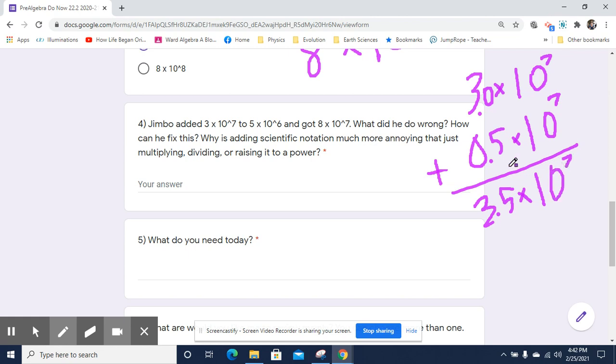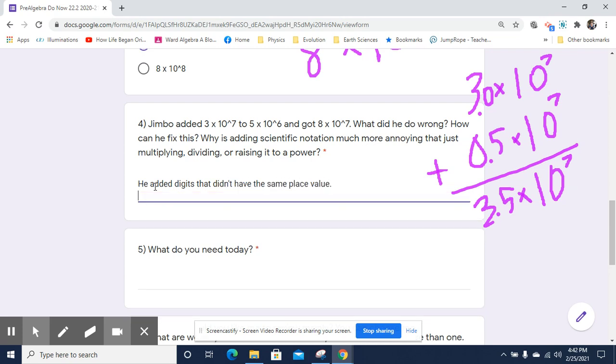Okay, so why is adding scientific notation much more annoying than just multiplying, dividing, or raising to a power? Well, that's my opinion. So first of all, he added numbers or digits that didn't have the same place value. And how could he fix this?